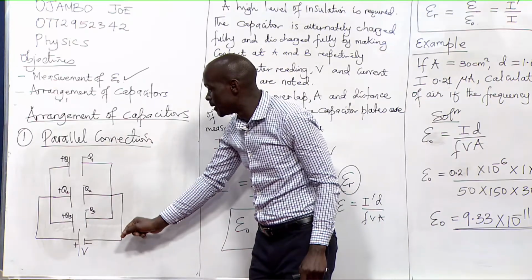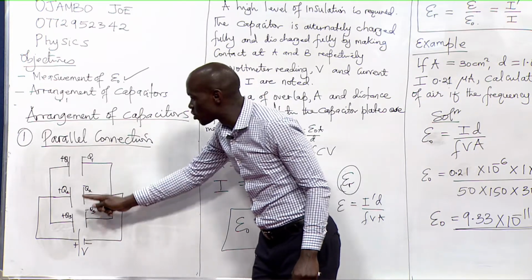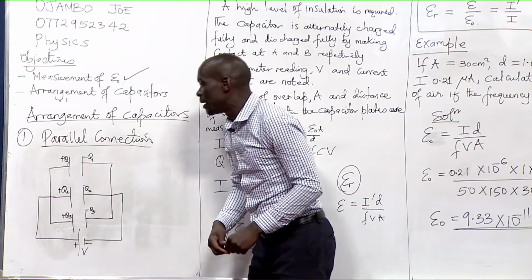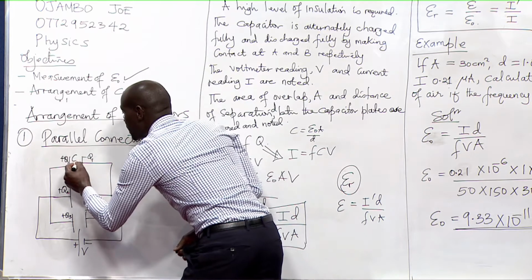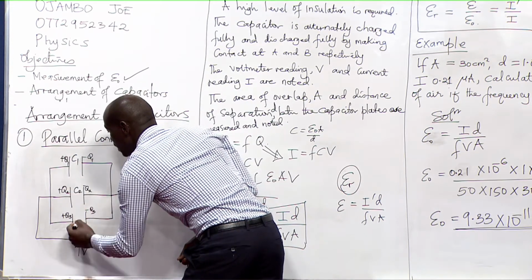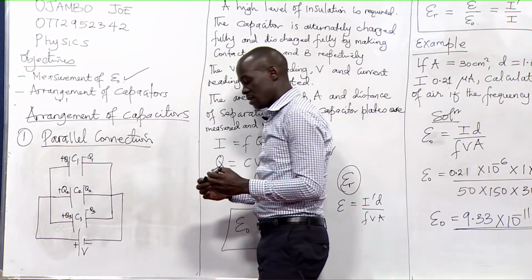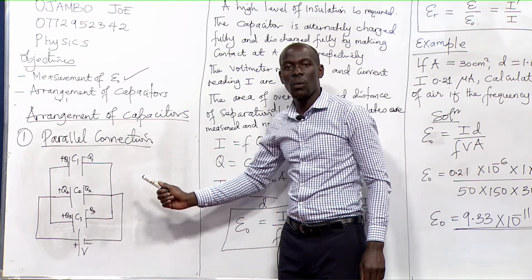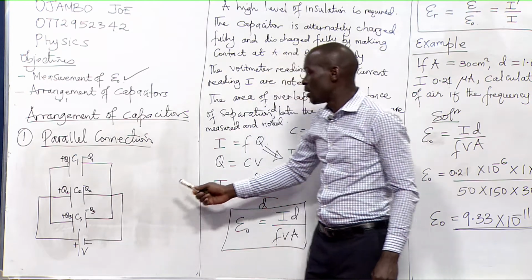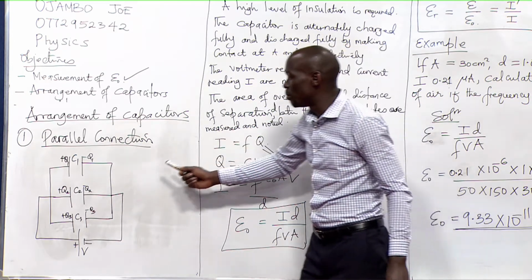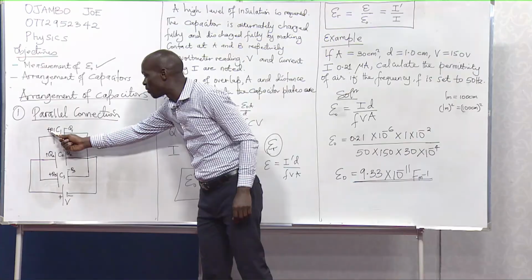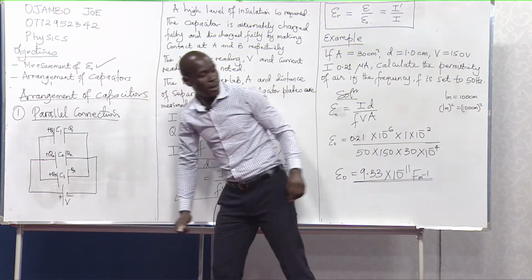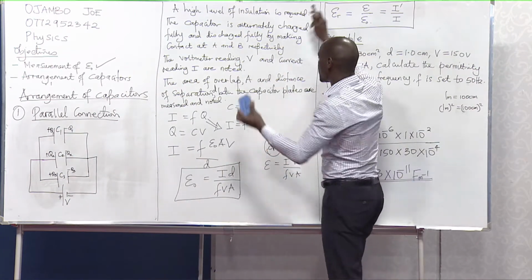That means that each of them is going to have a different charge. Why? They have different capacitances. So in getting the total charge, what are we going to do? The total charge is therefore going to be given by the sum of the charges on each of the capacitor plates.